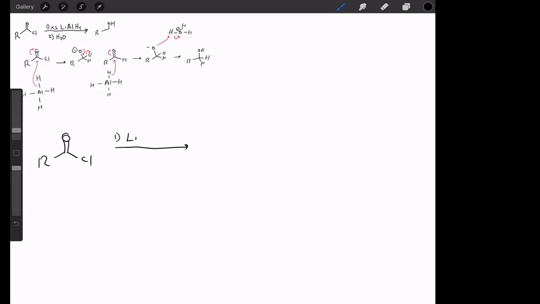What we do is, instead of lithium aluminum hydride, we use lithium alkoxyaluminum hydride of some variety. That's usually tertiary butoxide, I think, is the one that the book uses as an example. This will, by the same mechanism above, stop at the aldehyde.